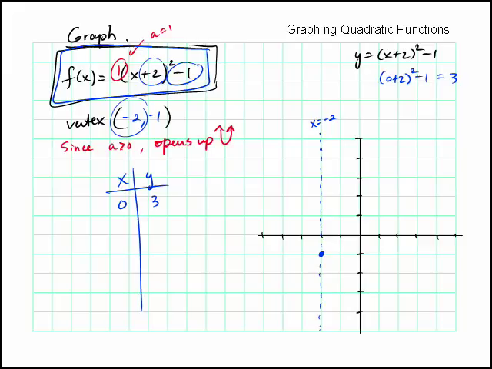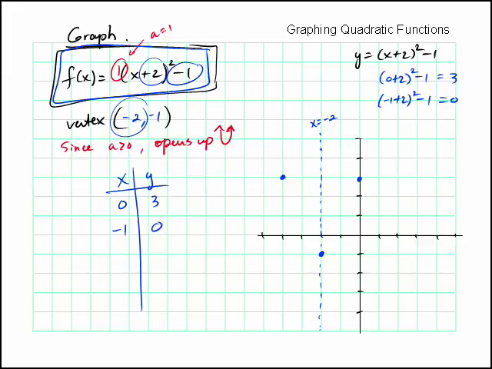Right there. Now, I can use the axis of symmetry to get another point. One side of a parabola is supposed to look like the other side, and so if there's a point here, then there must be another point the same distance away over there. Let's try now negative 1 for x. If I plug a negative 1 in, I get 1 squared minus 1, which is 0.